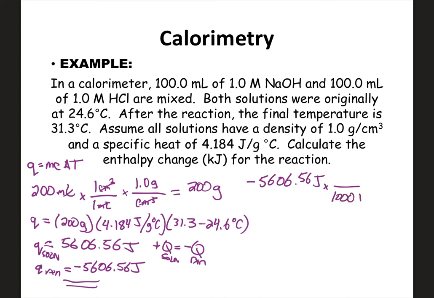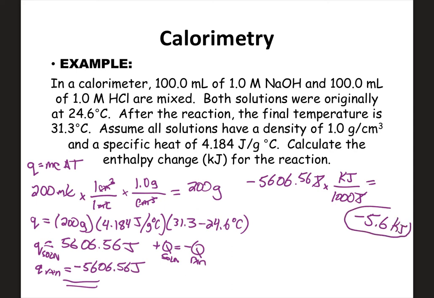There's 1,000 joules for every kilojoule. Your joules cancel. And when you plug and chug here and watch your sig figs, your overall energy change here is negative 5.6 kilojoules.